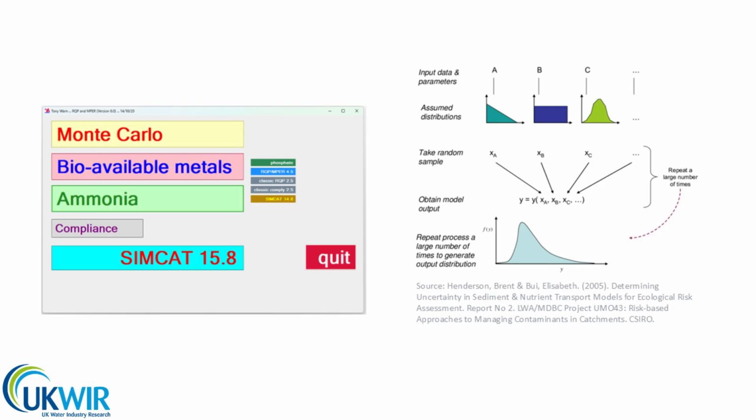Let's recap. On the one hand, we've got variables that appear in the mixing model, the mass balance equation. So this is river flow, river quality, discharge flow, and discharge quality.